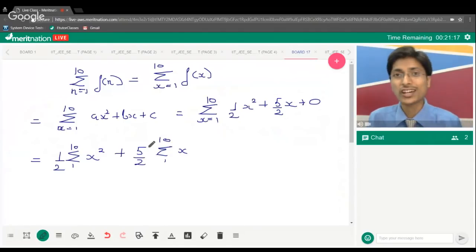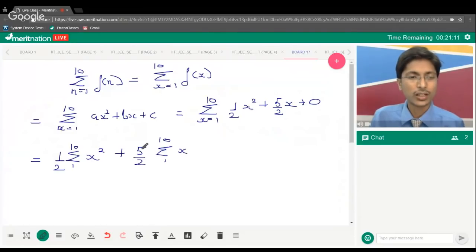Now, these are the direct formulas. I believe everyone knows this. Summation of x squared is x into x plus 1 into 2x plus 1 upon 6. And summation of x is x into x plus 1 upon 2.